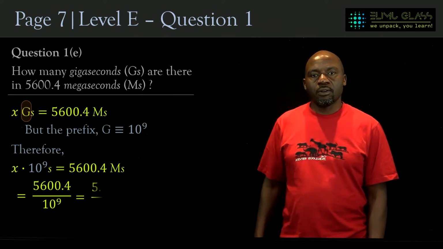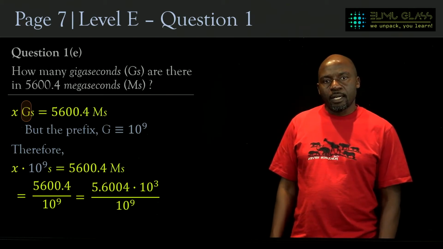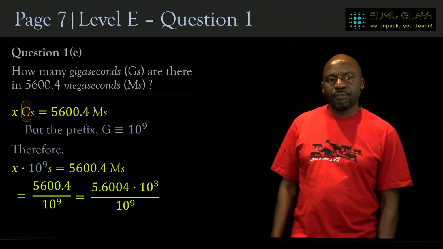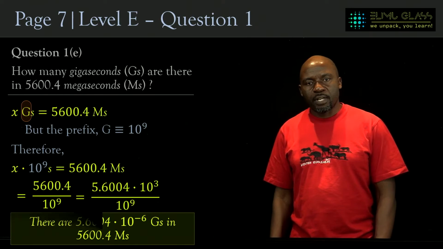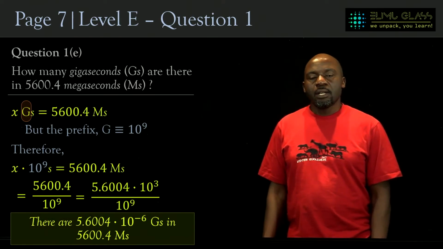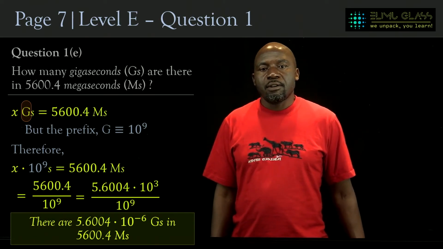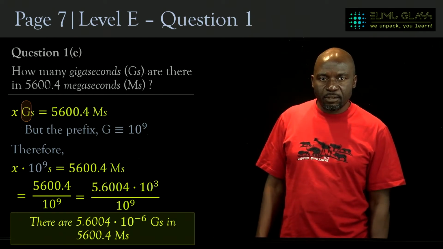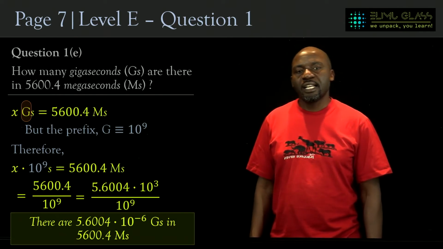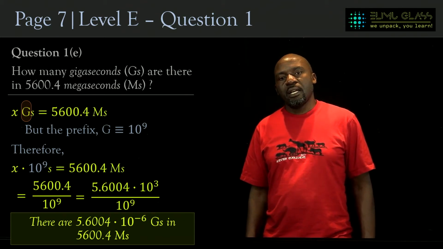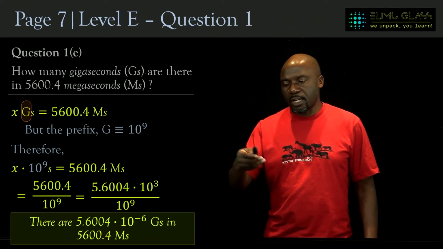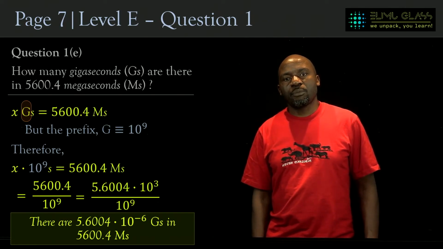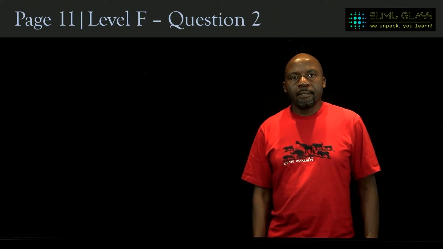If we work that out, I've written the numerator in scientific notation, and that gives me 5.6004 times 10 to the power of -6. So there are 5.6004 times 10 power -6 gigaseconds in 5,600.4 megaseconds. I hope you're understanding the gist of solving problems of this nature.